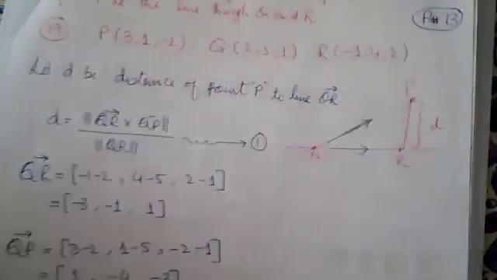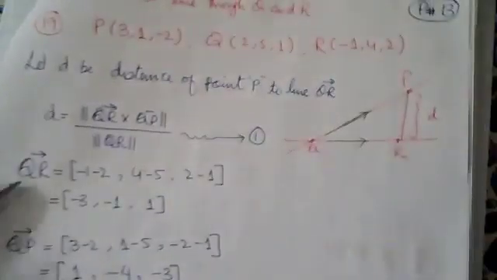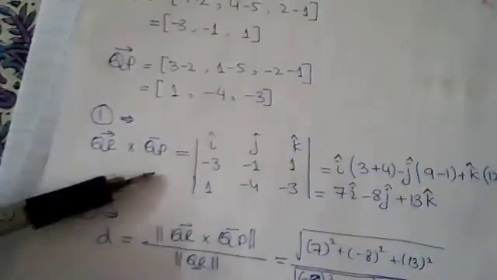If you see next on page 13, we have this. So we have points P, Q, R, with Q and R along the line and P the point. So we need vectors QR and QP. First we find these vectors, and then for the formula we need QR cross QP.